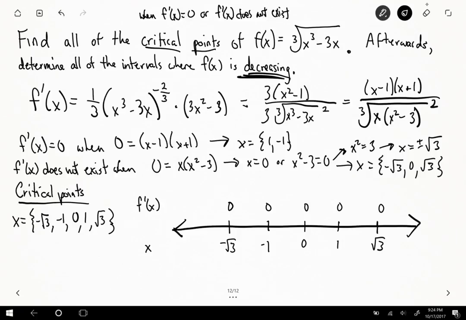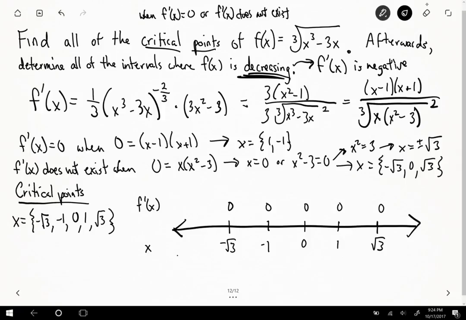When does it mean that a function is decreasing? Well, think of the slope of the tangent line. What should happen when it's decreasing? Well, the slope of the tangent line is negative. So all we care about are these different intervals, and we're going to see if f prime of x is negative.